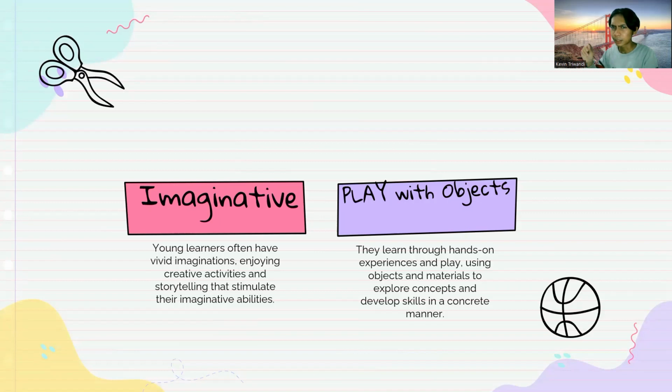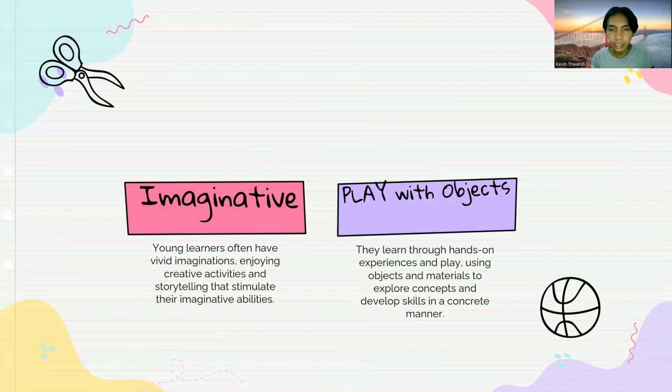Maybe a picture of Bali, or Paris, Jakarta, Monas, or Bandung, something like that. So we just need to put that picture on the whiteboard and ask the students to write an essay about that picture. So it will improve their imagination, create activities that will help them improve their imagination.